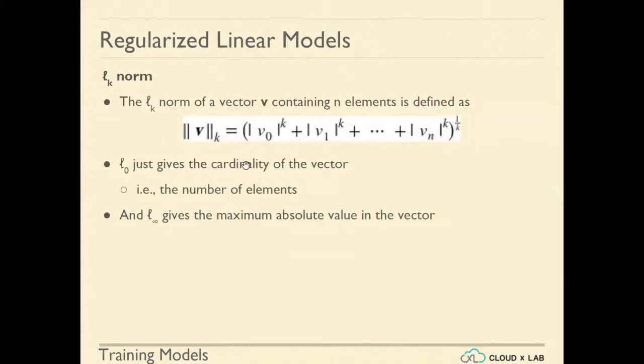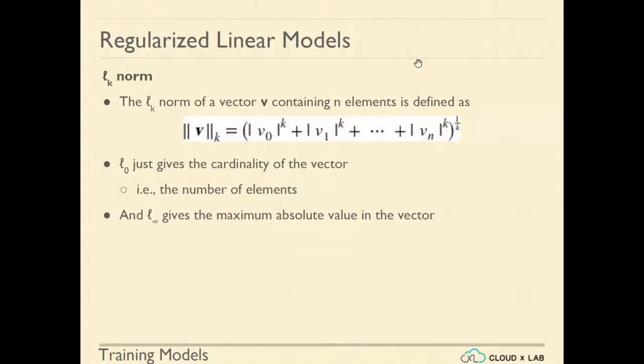So L0 norm gives the cardinality of the vector. Similarly, we have L infinite norm. L infinite norm gives the maximum absolute value in a vector. In a vector, we have several scalar terms, and it will give the maximum absolute value in that vector.